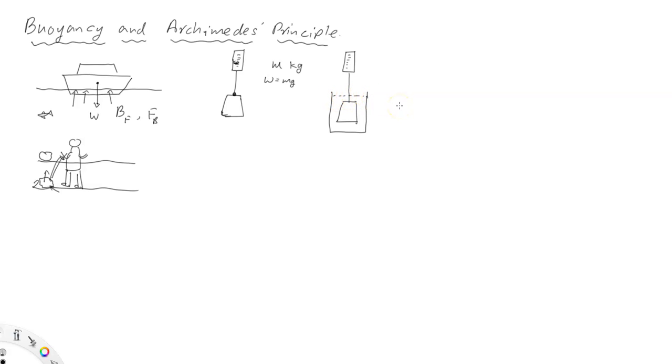We say that we submerge this in a fluid, or sometimes we use the word immerse. Now we see that the scale reading decreases, it goes up a little bit, so it's right here. Inside water, what it reads is a little less, let's say m1 kilograms. Or the new weight; the better word is apparent weight.